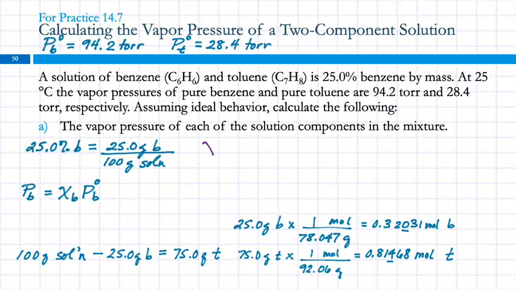So I need the mole fraction of benzene: the moles of benzene divided by the moles of benzene plus the moles of toluene.